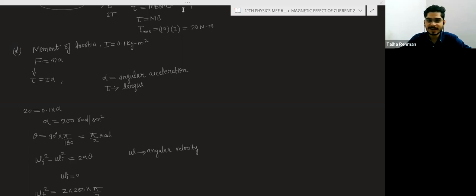You can take the help of any 11th class book, because these concepts of angular acceleration and moment of inertia are from that chapter.